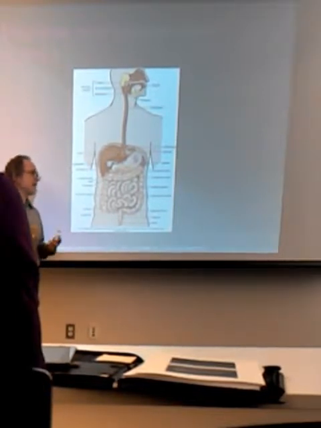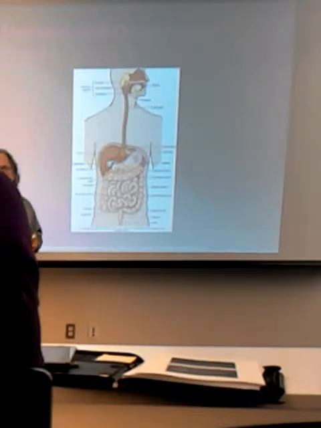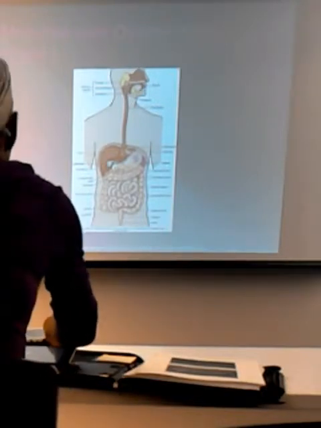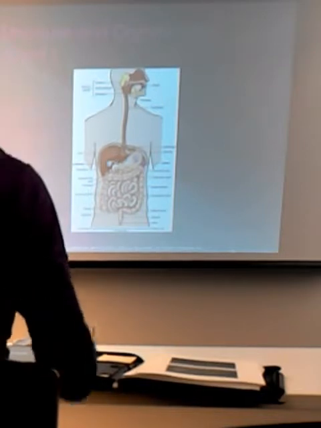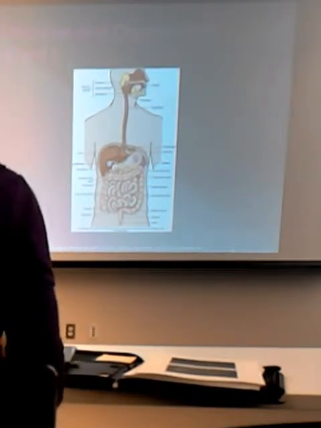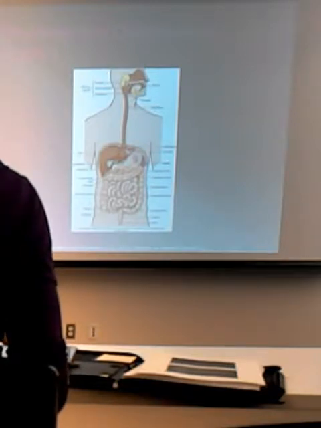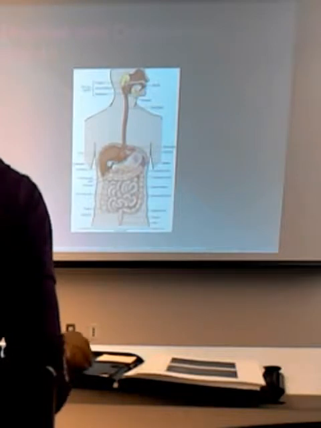The stomach, we're going to find out what its main job is. To process stuff? No. It's mainly a muscle. It does all kinds of other cool things I'm going to test you on, but its job is to make this stuff called chyme. I'm going to talk about it.